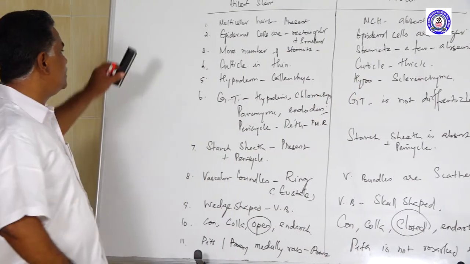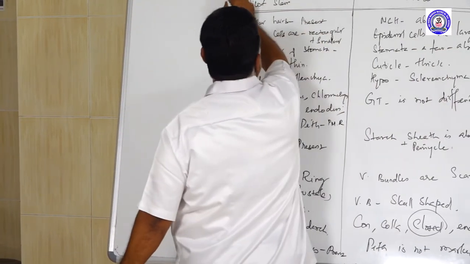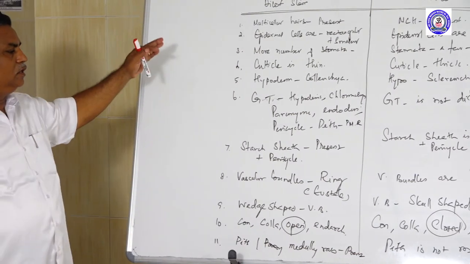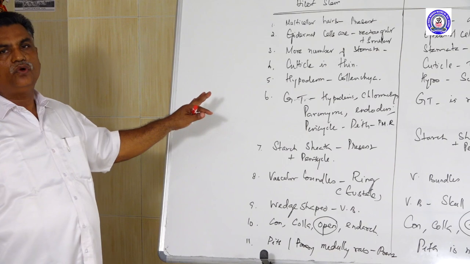So these are the differences between dicot and monocot stem. In general, if you see very specifically with special reference, the points will be fewer. And this is the general difference between dicot and monocot stem.